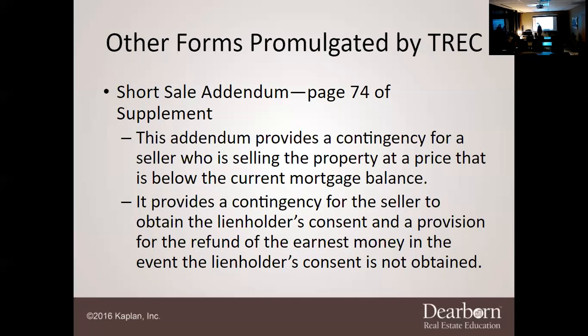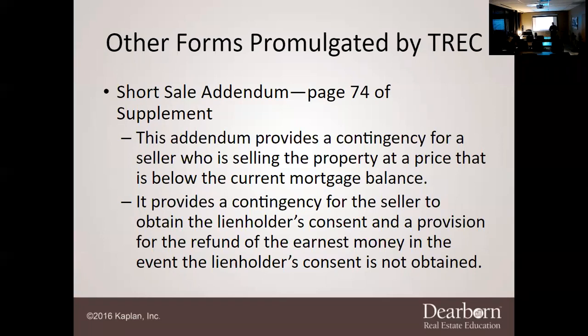Okay, so I tell people this all the time, it depends upon the amount that you're looking at. In some situations it can be more, it could end up being less, but ultimately, it needs to be of a fair amount. So it is the addendum. This addendum provides a contingency for a seller who is selling the property at a price that is below the current mortgage balance.